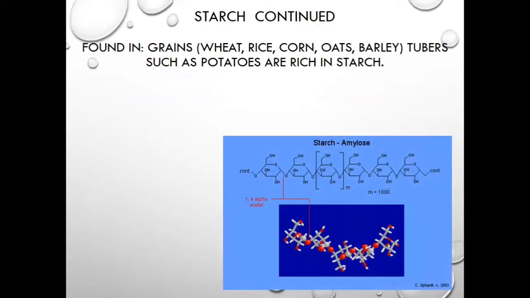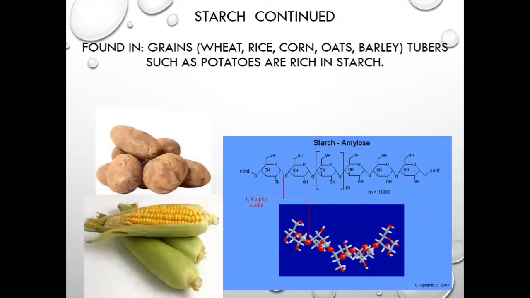Starch, which is found in grain, wheat, rice, corn, oats, barley, tubers such as potatoes, are rich in starch. So kasama din po yan sa mga napagkukuhanan po natin ng carbohydrates, yung starch. Ayan. Mayroon palang carbohydrates din yung mga ito.